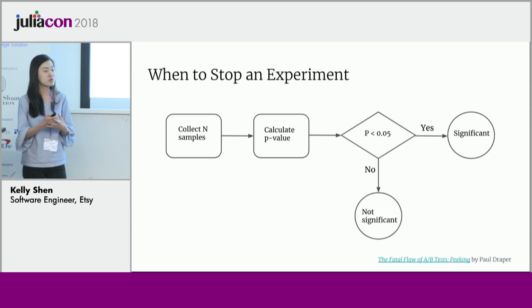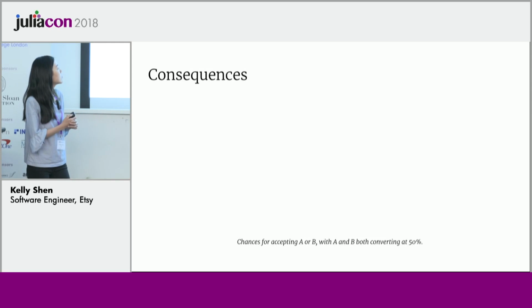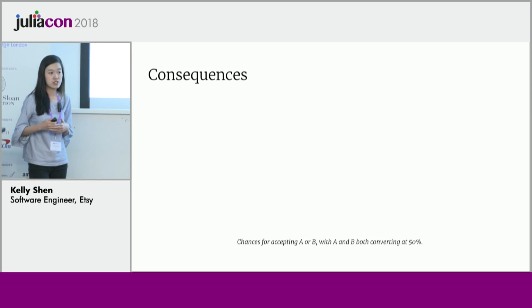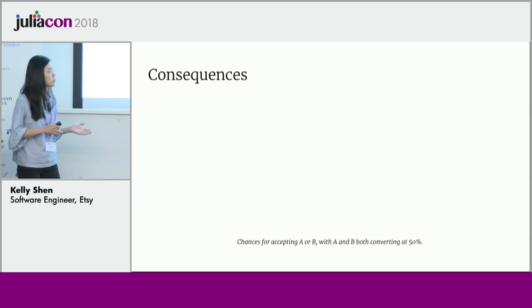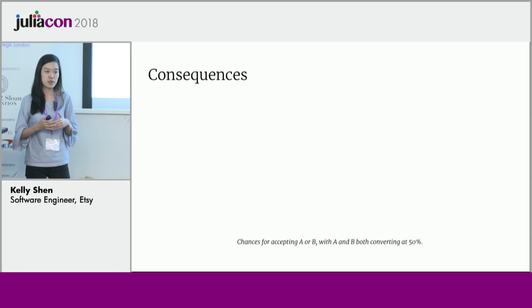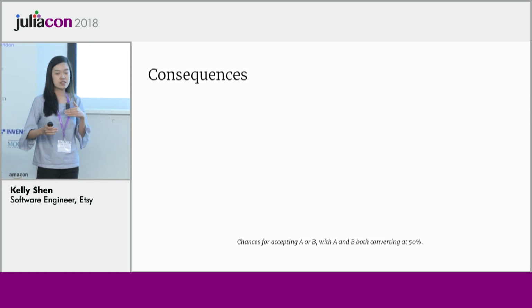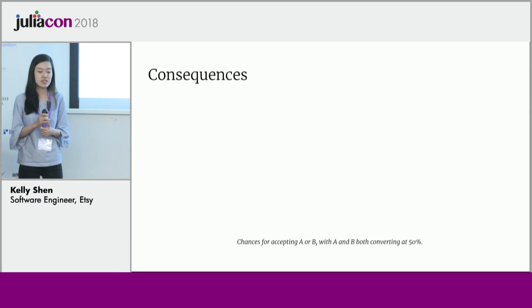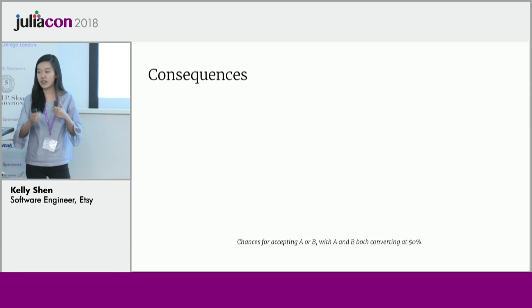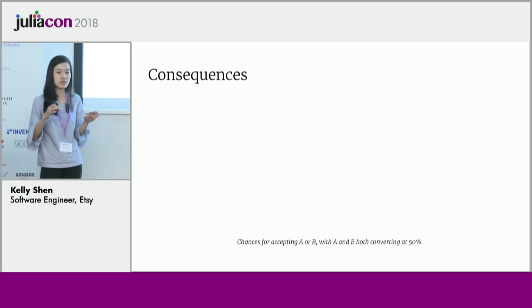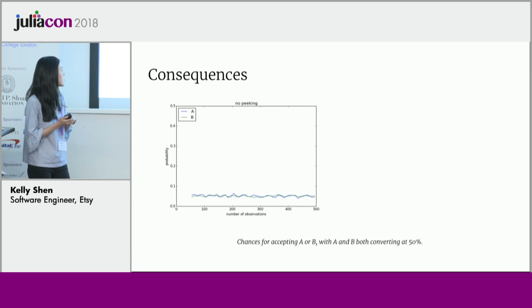And let's look at an example. Suppose we run an experiment where the conversion rate is 50% for control, and we accept a 10% false positive rate. If there is no peeking, in other words, the sample size is fixed, and we consider the case that B converts at 50% as well, then the false positive rate would be about 10%, like this graph shows.